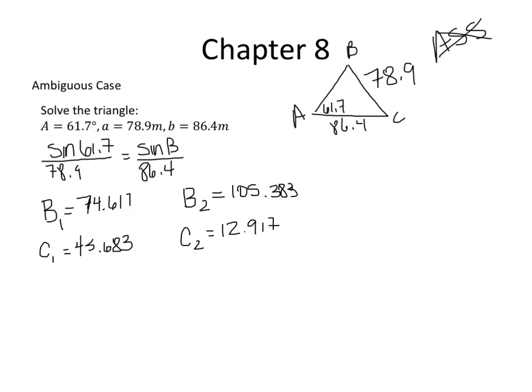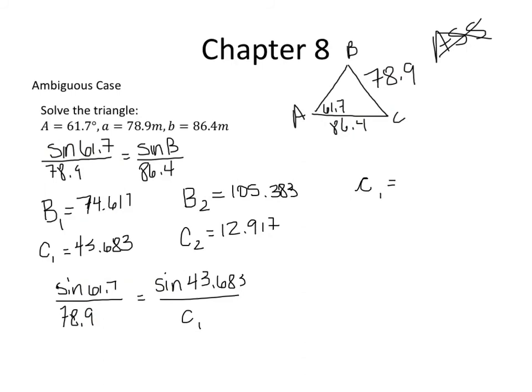Now you have to find the third side. To do that, you're going to redo law of sines, but you'll use angle C. And again, you cross multiply. 78.9 times the sine of 43.683 divided by the sine of 61.7, and that's lowercase c sub 1, 61.89, and then you repeat that process for lowercase c sub 2.